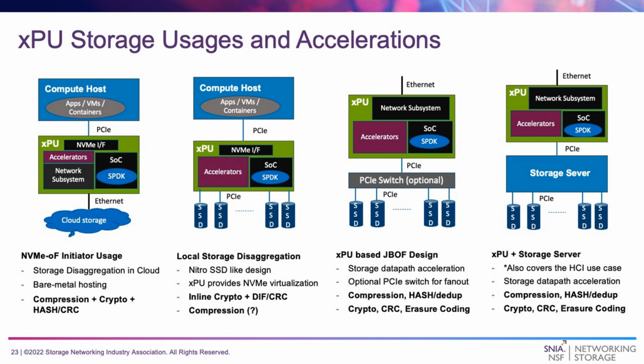From the storage offload point of view, here it includes all the algorithms you would expect from a traditional storage server, which includes compression, hash, dedupe, and crypto, CRC, erasure coding.